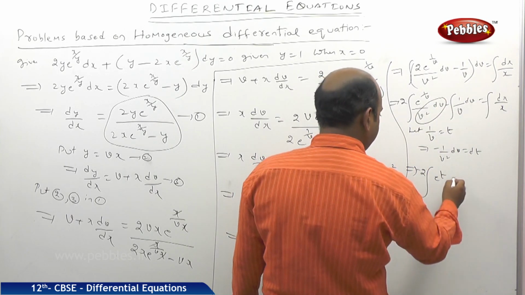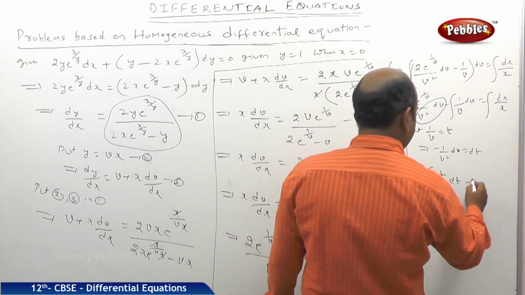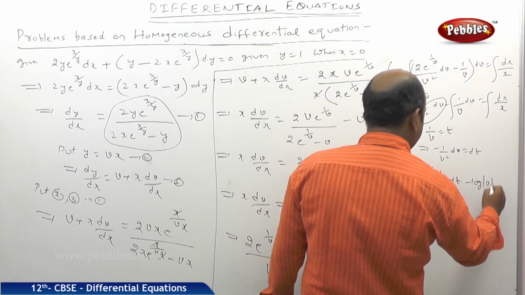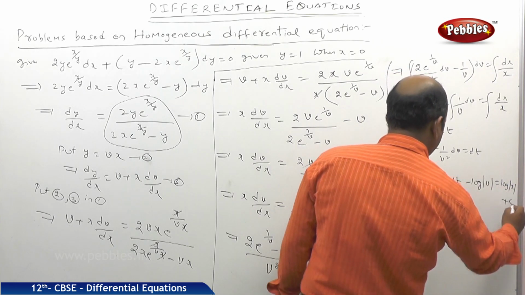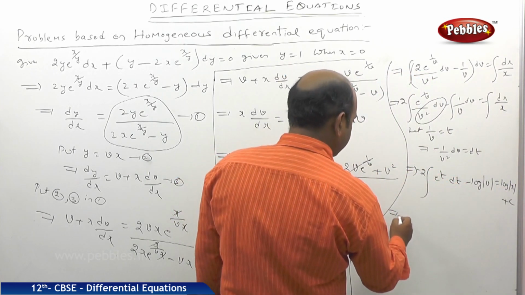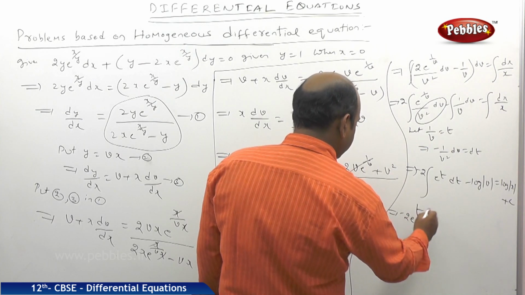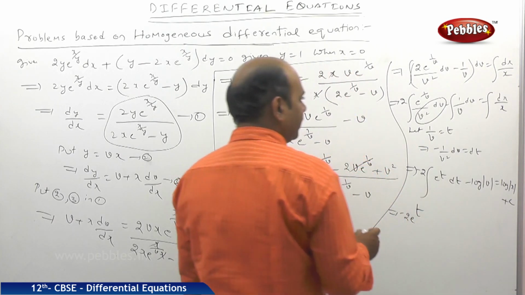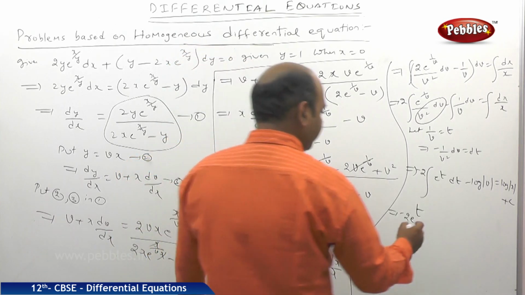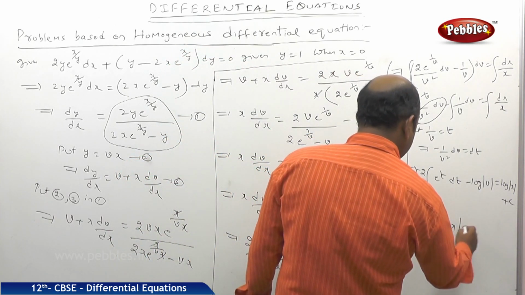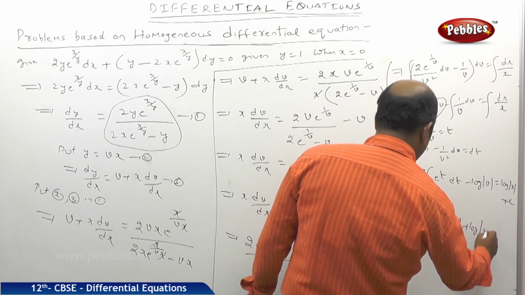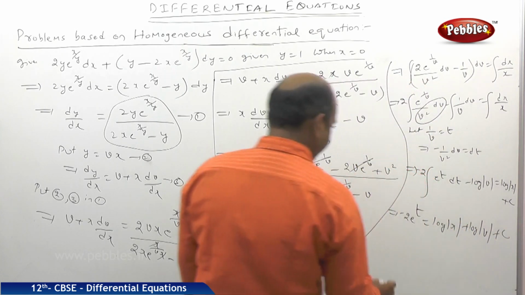So minus I'll keep outside, dt, and here log mod v is equal to log mod x plus c. So what happens? Minus 2 into e power t is equal to log mod x plus log mod v plus c.